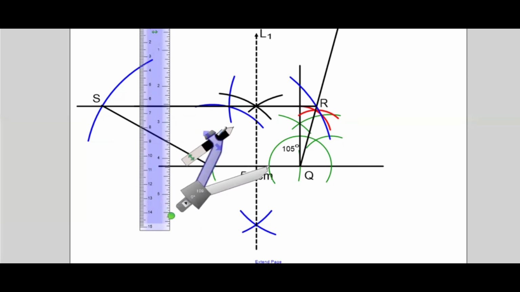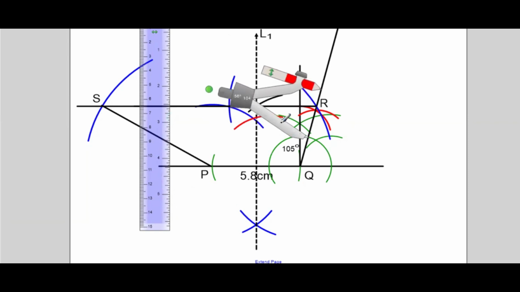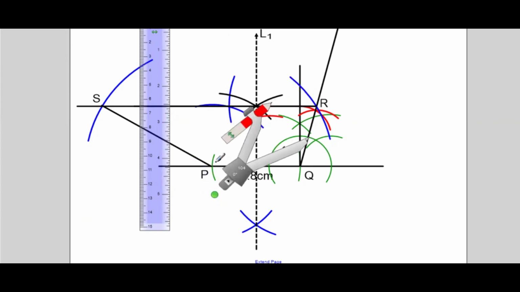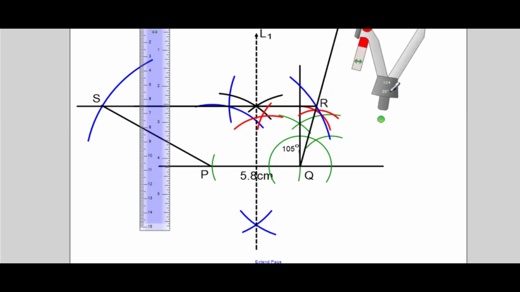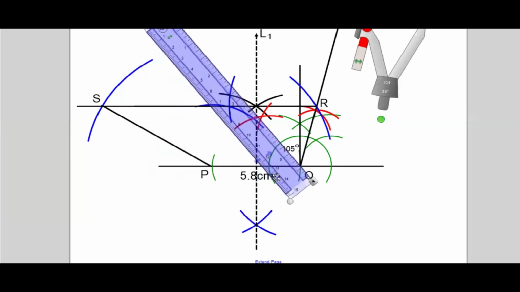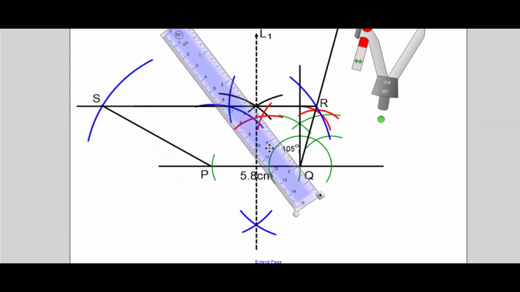adjust our compass a bit, change the pencil range. So I construct this. I also come to this place as center so that I can construct the second arc as well. So construct the second one. And from there, we adjust our ruler so as to draw the line.